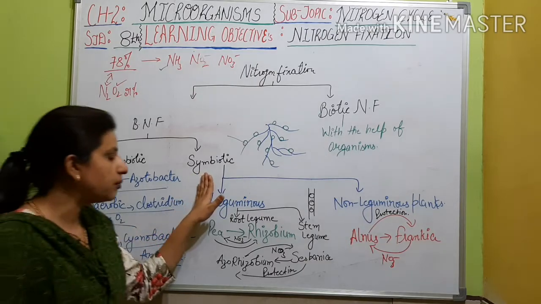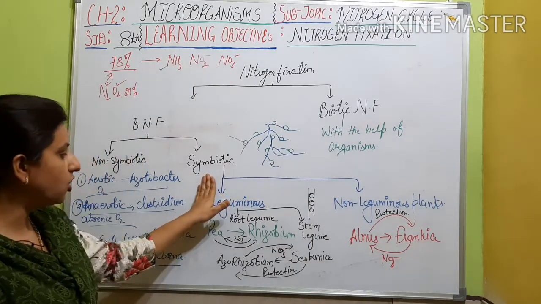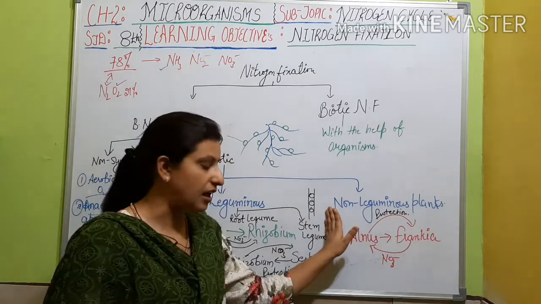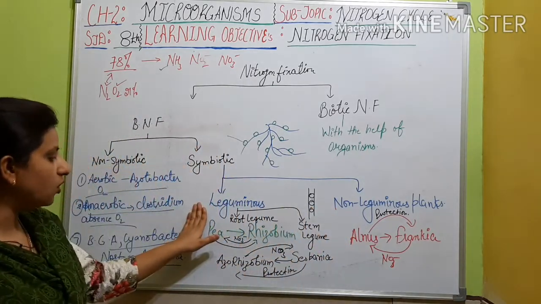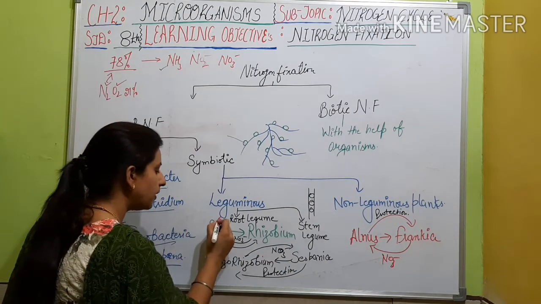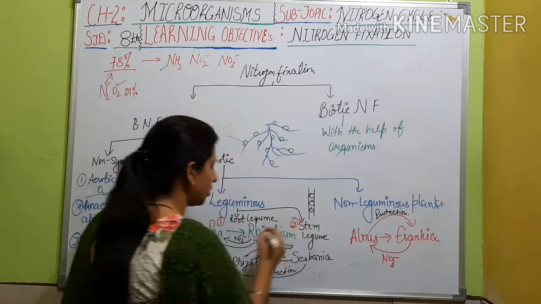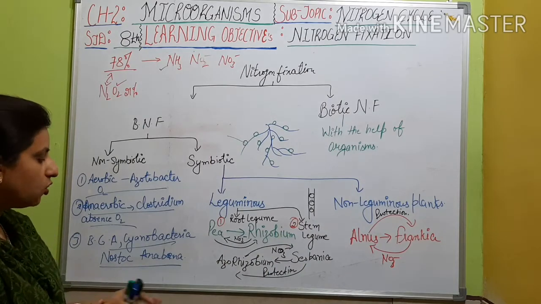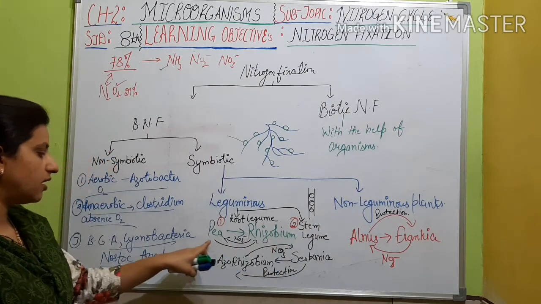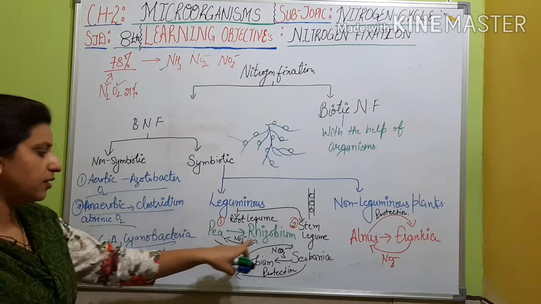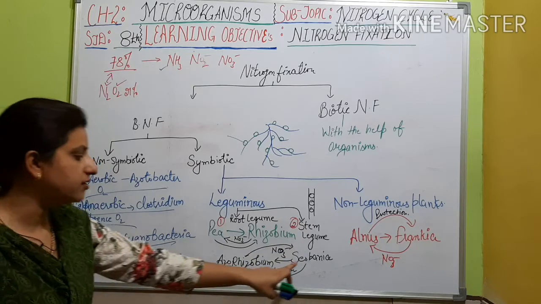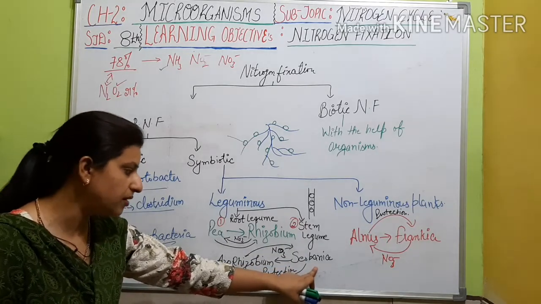Then in case of symbiotic organisms, leguminous plants and non-leguminous plants are helping. Leguminous is again divided into two parts, the root legume and the stem legume. In case of root legume, the pea is there which has Rhizobium, and Rhizobium is fixing nitrate for the pea, and the pea is giving protection. Again in stem legume, the Sesbania is there. It is very rare but still it exists.